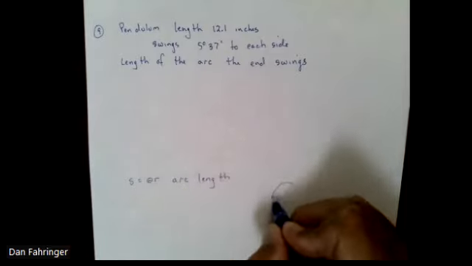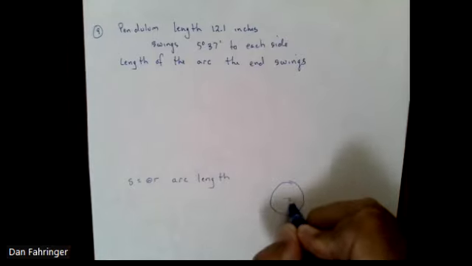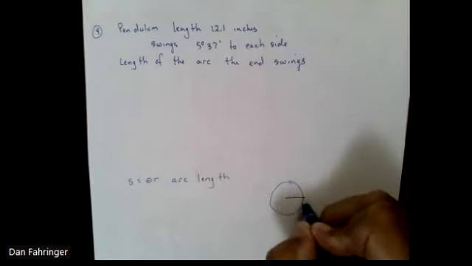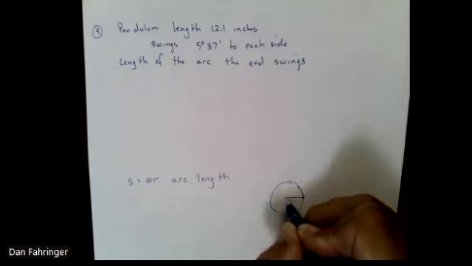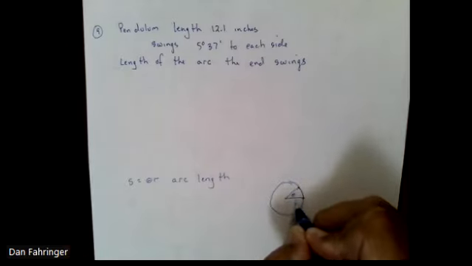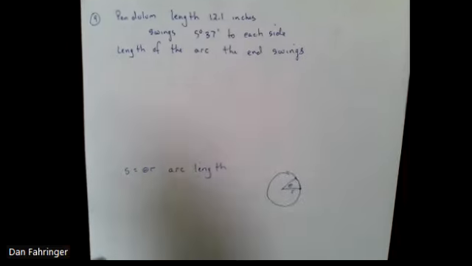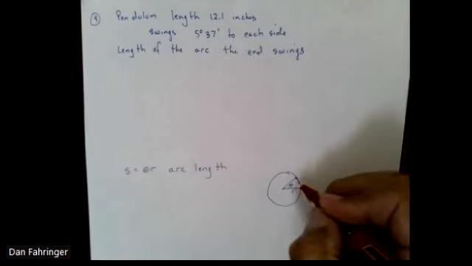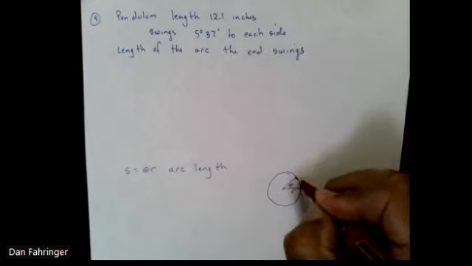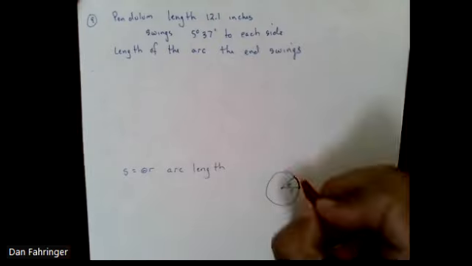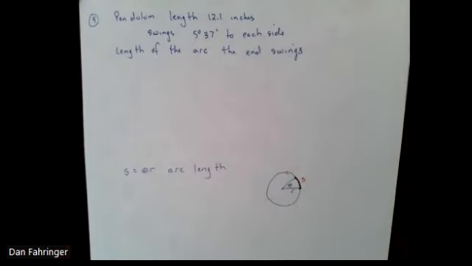So I need to make sure I know what I'm talking about before I start. If there's R and I have a theta in here, and that's R. If I want to know what this is, my arc length, that's S. Okay, so I had that from chapter 2.